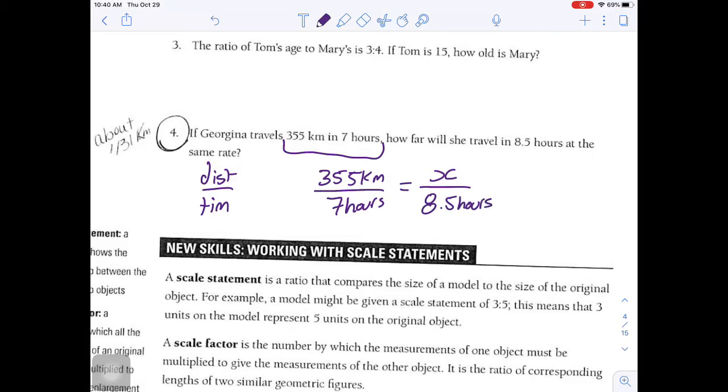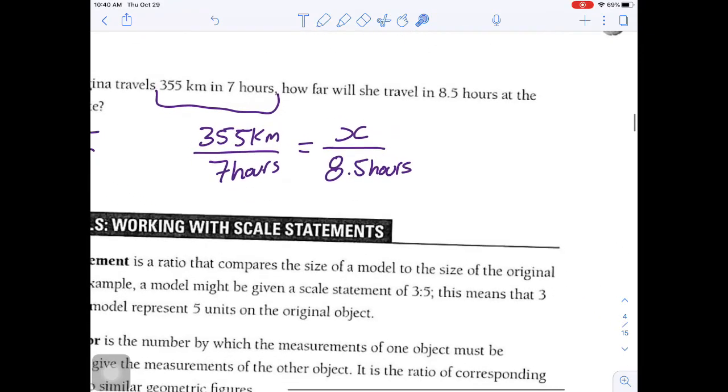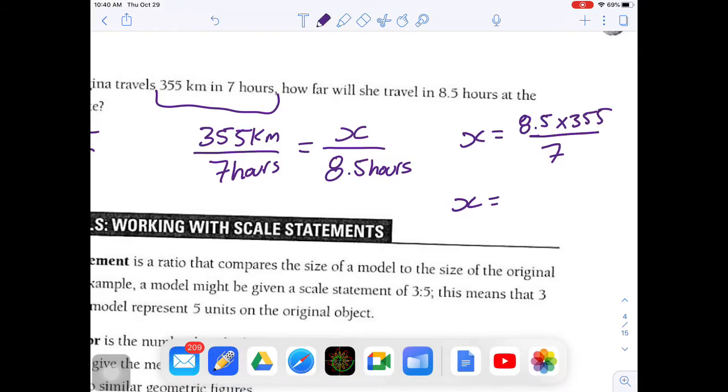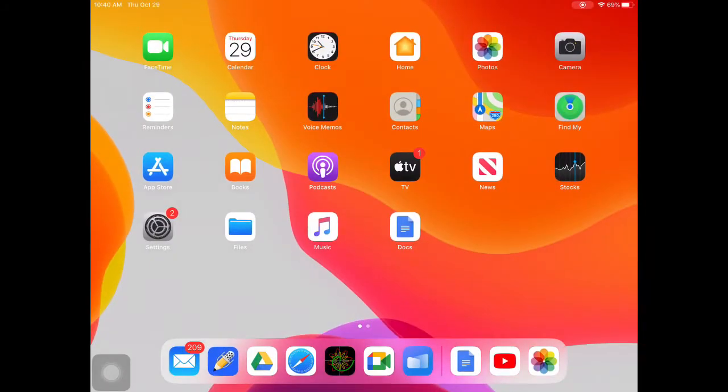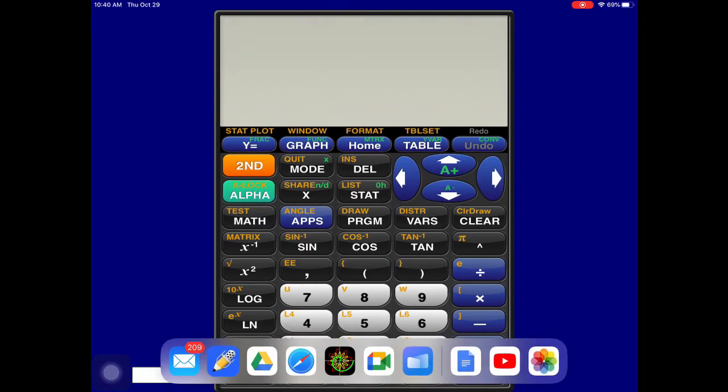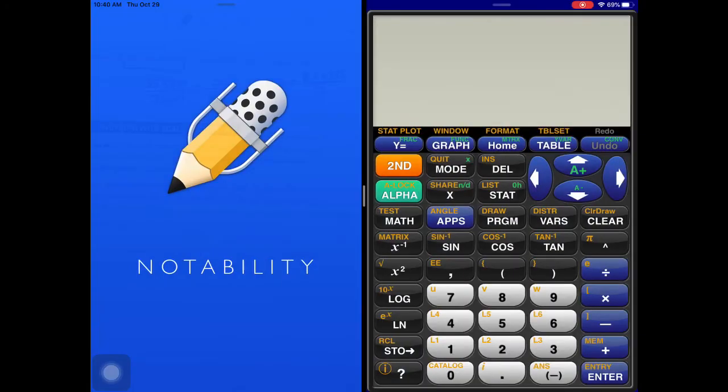Now, where have we seen this? Well, we've seen cross multiplication and divide. So X is going to equal 8.5 times 355 dividing 7. Okay, and we can plug that into our calculator here. So let's get Notability opened up here. There we go.